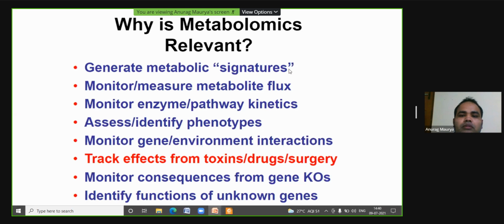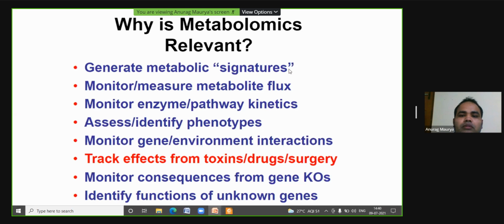It is the quantitative study of a group of metabolites, known or unknown, within or associated with a particular metabolic pathway. So it is a group of metabolites, and we are studying the quantity of those metabolites present in the organism.